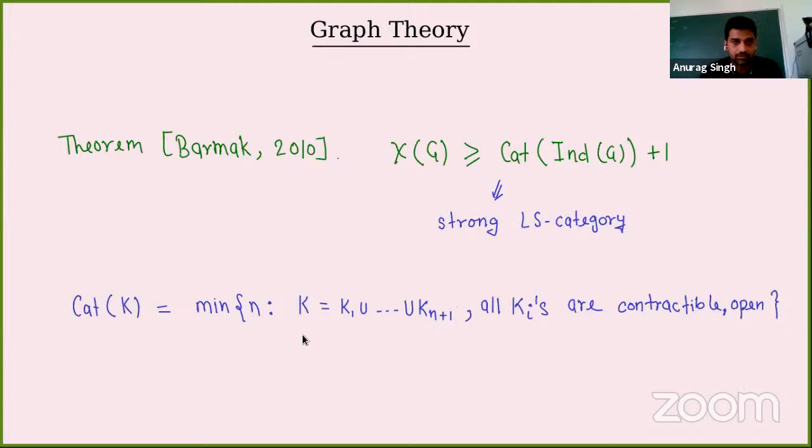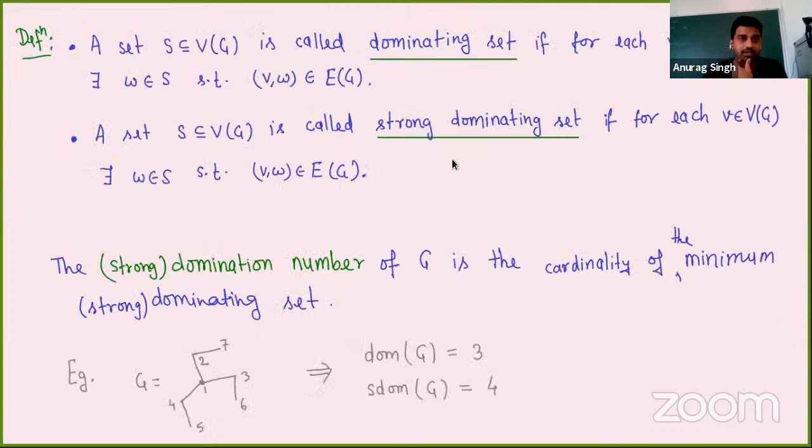Is this clear so far? So this is the relation one has between the chromatic number and the independence complex. There is one more notion of graphs which is related to the independence complex, and that is called the domination number.